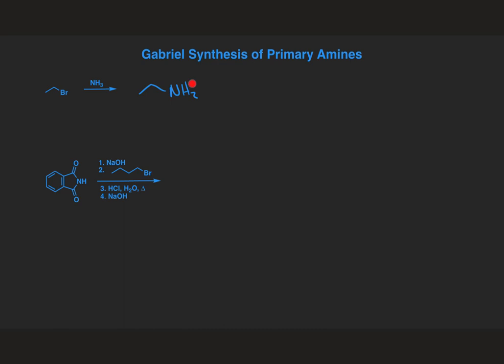Unfortunately, this primary amine is more reactive towards alkyl halides than ammonia is. And so rather than ammonia continuing to react with that alkyl halide, the ethylamine is going to attack the alkyl halide. And so you get a secondary amine, which is also reactive towards alkyl halides.